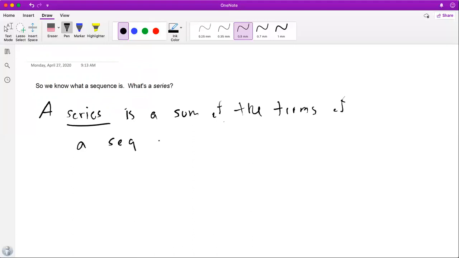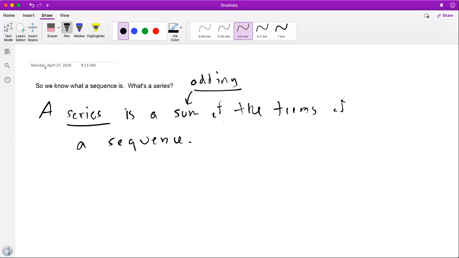That's probably not the exact technical definition, but it's good enough for our purposes right now. This word is important. Remember, sum means adding. It's about putting terms together. And the series is about sum. Sequences are just lists of numbers with commas in between them. A series is going to be a sum, so it's going to be a bunch of terms with pluses in between.